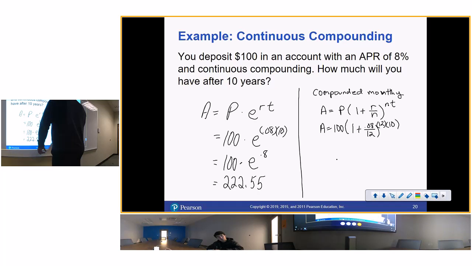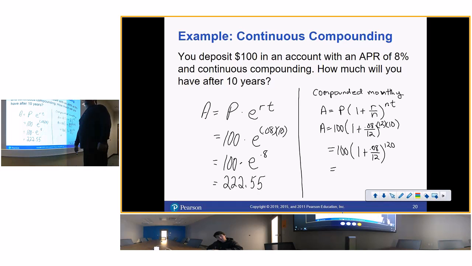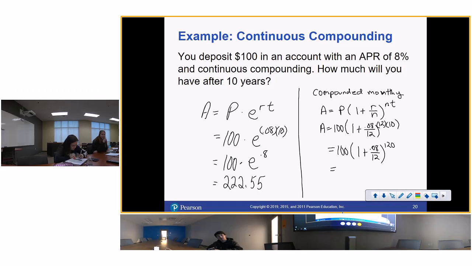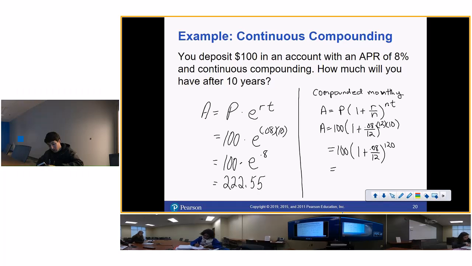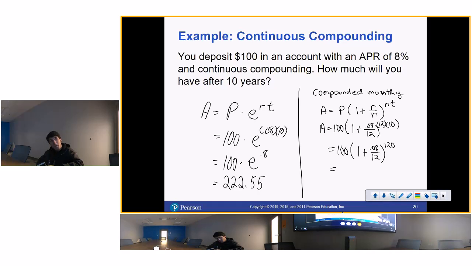So that's going to be 100 times 1 plus 0.08 over 12 raised to the 120th power. And y'all work that in your calculator. Somebody holler out an answer when you get one.